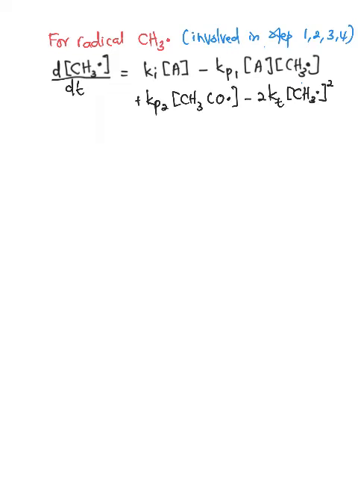Next, for radical CH3CO. CH3CO appears in propagation step 1 and then disappears in propagation step 2. So CH3CO is only involved in the second and third steps.